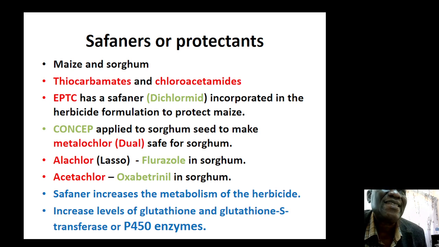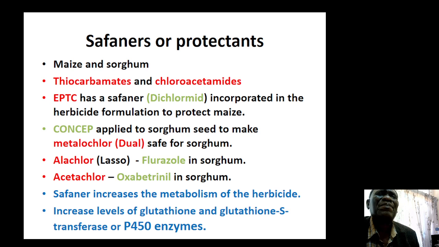As we have said, EPTC has a safener known as dichlormid, which is already formulated in this herbicide to protect maize. Concept is also part of metolachlor. You can put it in sorghum, but nowadays it's formulated in Dual or metolachlor.